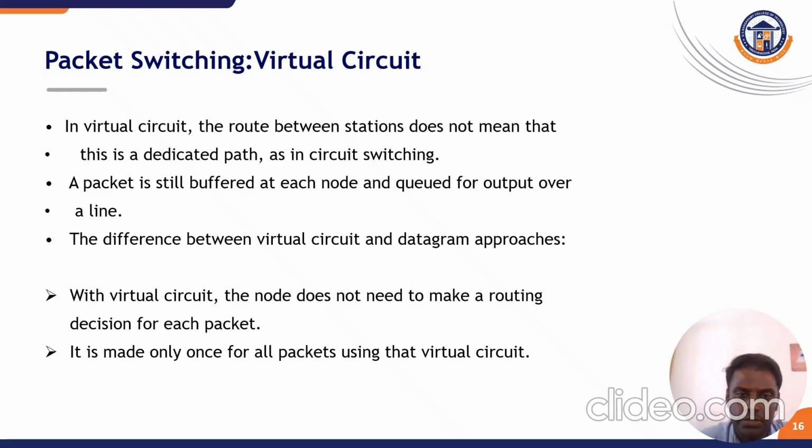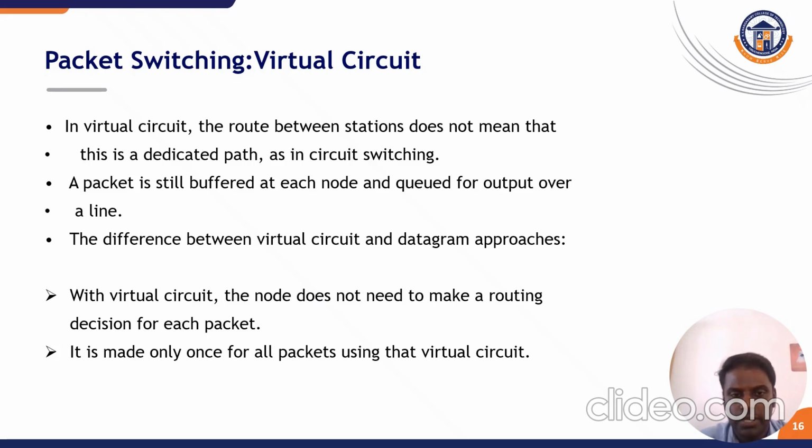I hope you understood the difference between the three types of switching we have seen: first circuit switching, second message switching, and third packet switching. So let us have a quick wrap before ending this session. We use switching techniques for transferring data from node to node in a network layer.